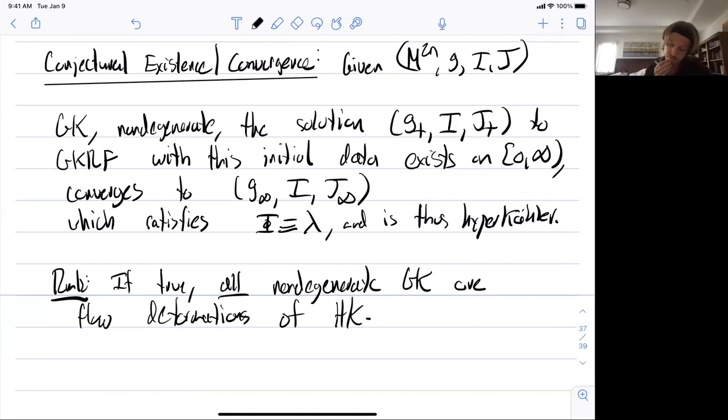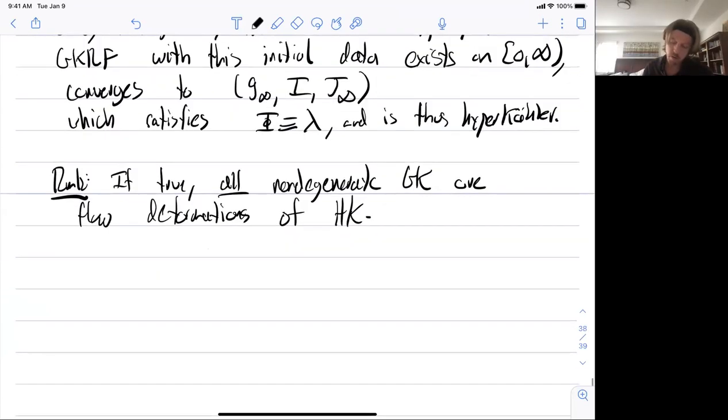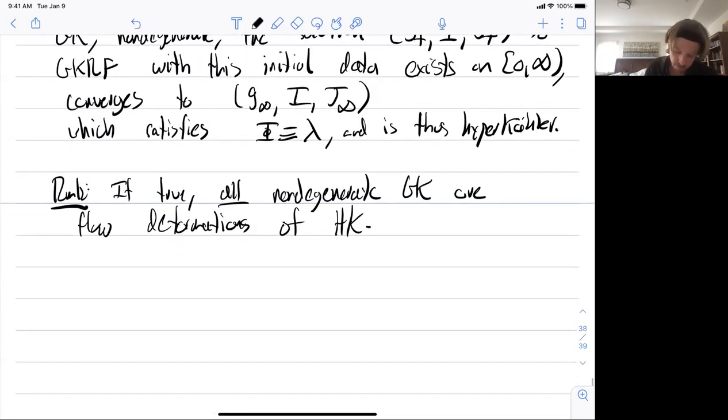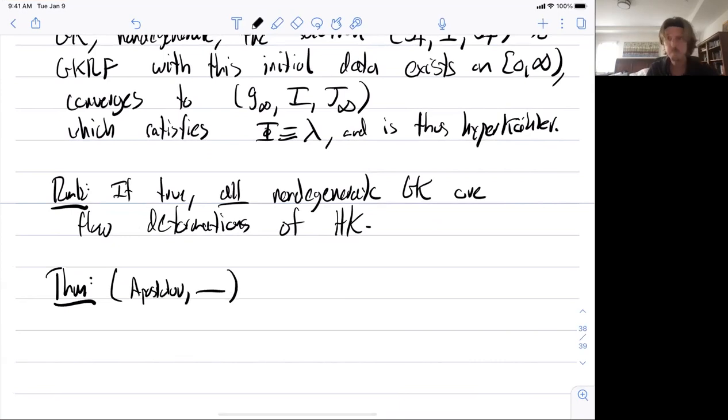Okay, so I think this is the natural conjecture for this setting. And now I want to state a theorem showing what we can prove. This is joint with Vezzoni.